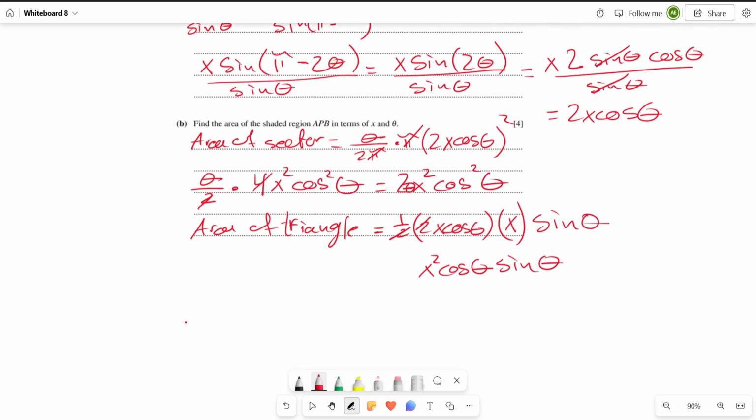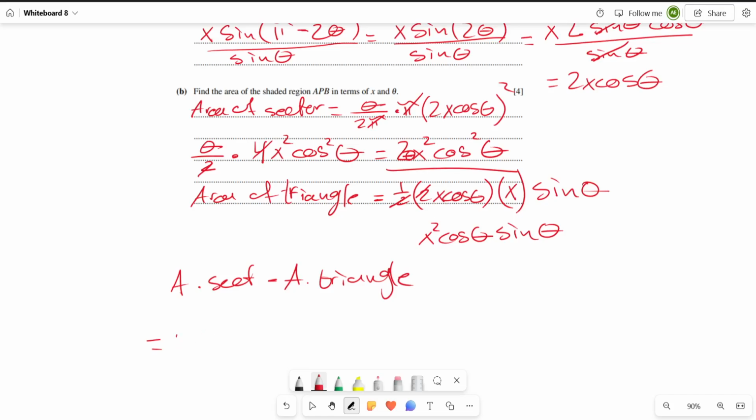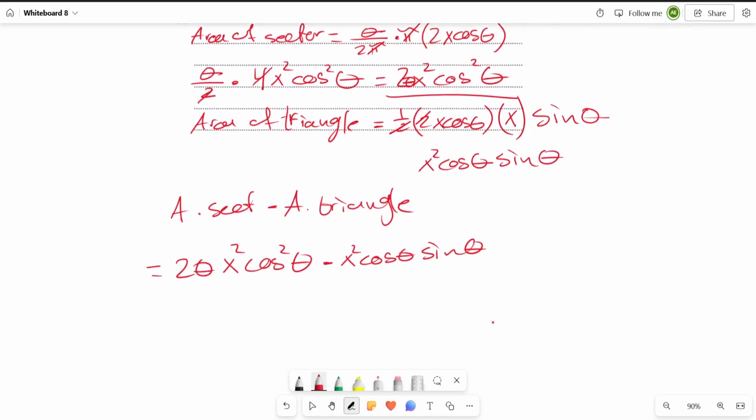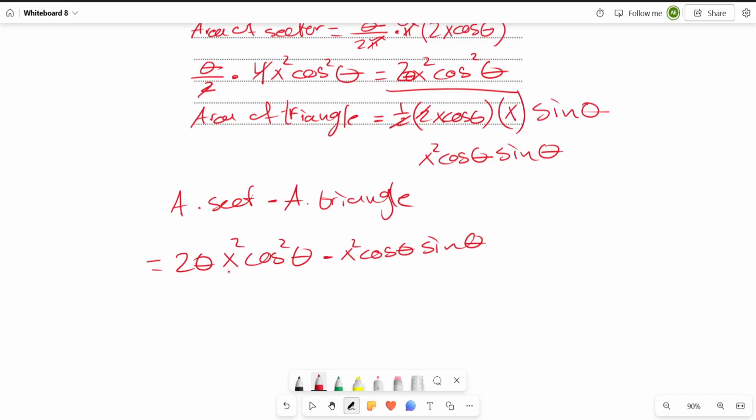Let me now do area of sector minus area of triangle to give me the area of the shaded region. So this is going to be the area of the sector, which is 2 theta x squared cosine squared theta, minus the area of the triangle, which is x squared cosine theta sine theta. From here, let's see if I can take anything out common. I have an x squared here and x squared here, and a cosine theta and a cosine theta. So I'm going to take x squared cosine theta outside.